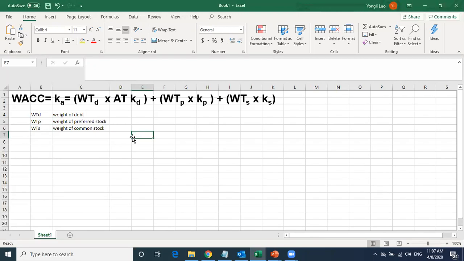That's what we talked about before with the pecking order theory. The weights are supposed to add up to 100%. If you have the weight of debt, for example, 30%, the weight of preferred stock, 10%, the weight of common stock will be 60%.